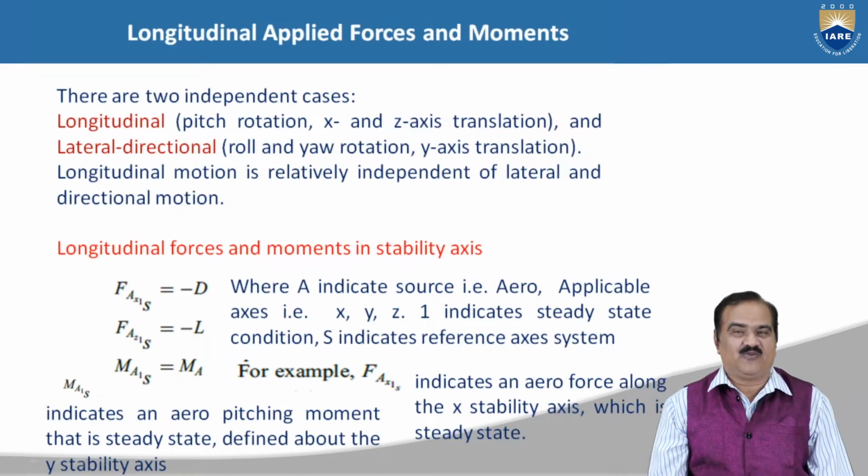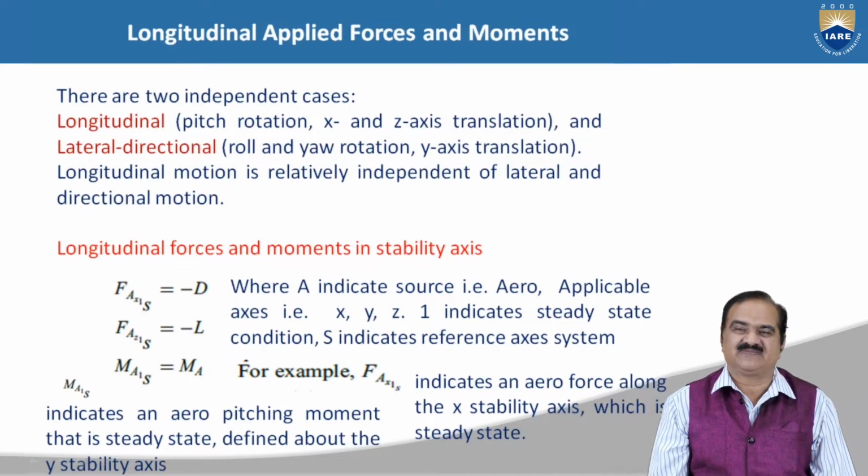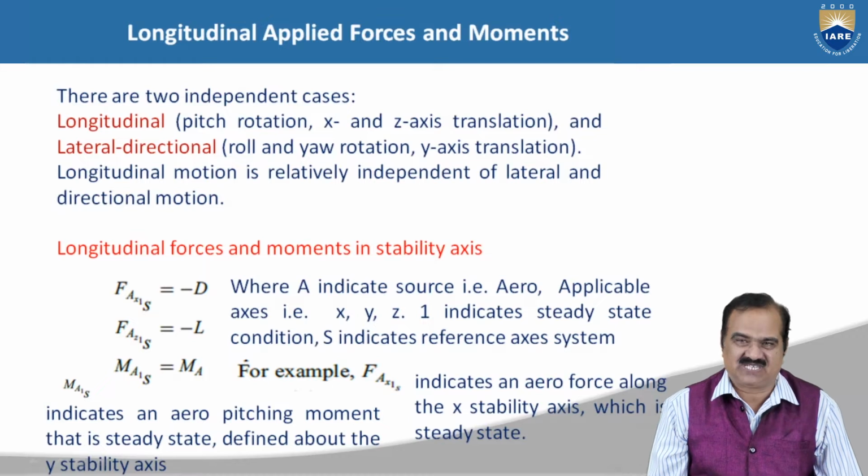So here we have two forces. One is the drag, which is in the x direction, and another is the lift, which is in the z direction. I have already explained that longitudinal motion consists of x and z translation. This minus L shows that it is against the weight, so the minus sign is depicted.